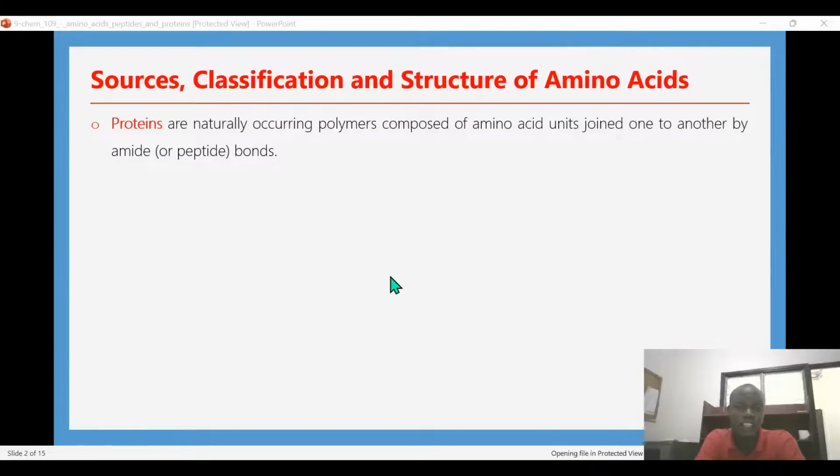In the chemistry of amino acids and proteins, we are going to start with the sources, the classification, and the structure of the amino acid. So these are what we are going to look at.